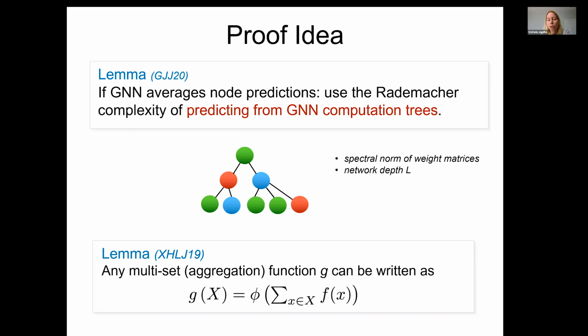Looking at the complexity of the sum, another complexity parameter will be the degree of the graph, or the branching factor of the tree here. So these are the parameters that will affect our complexity. And that's the main idea.